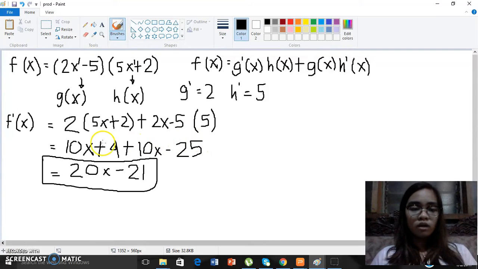After this, combine like terms. 10x plus 10x is equal to 20x, and negative 25 plus 4 is equal to negative 21. So our final answer is 20x minus 21.